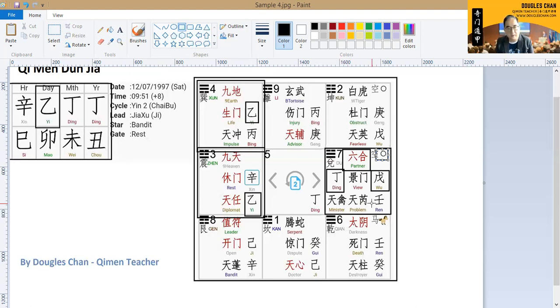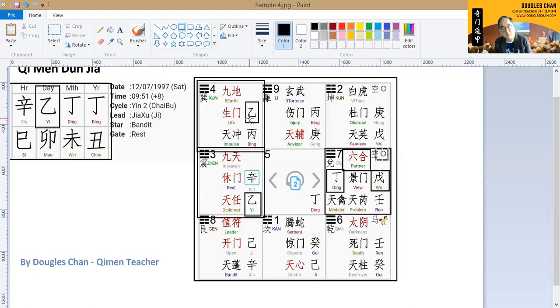Because if I look at the chart as a whole, this marriage itself is clashing with him over here and also clashing with him over here. So technically, he will have a hard time in the marriage itself, although he's a very okay person in terms of character, but he's a very rushed person.